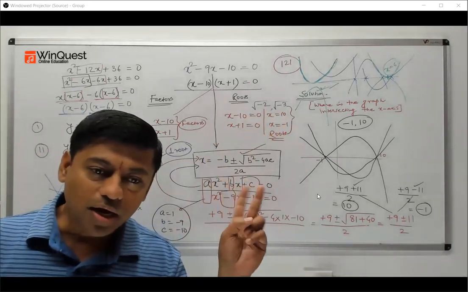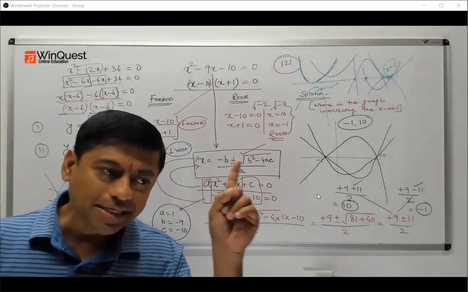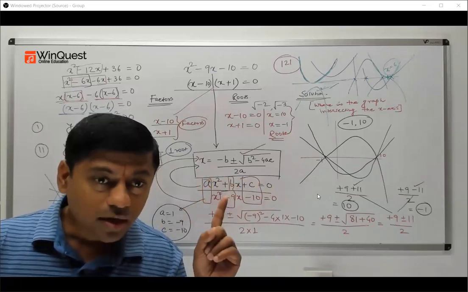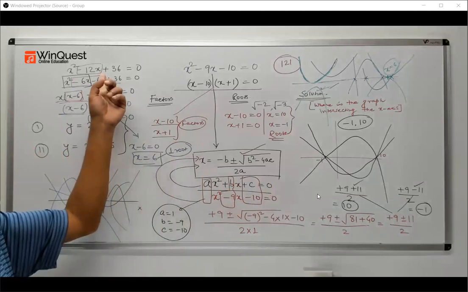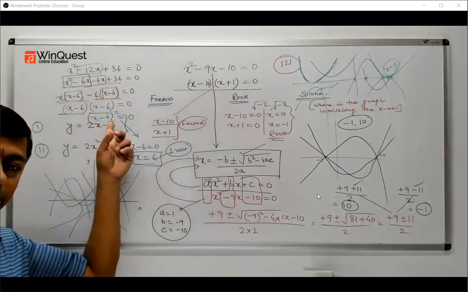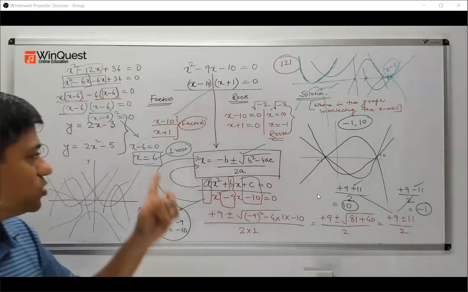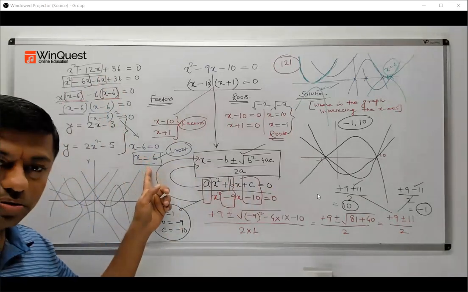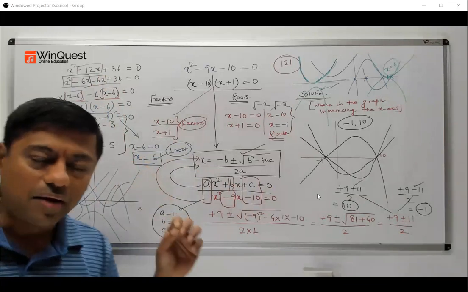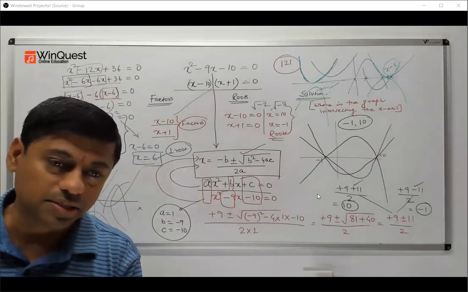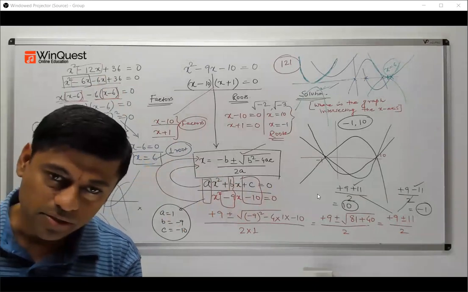If the parabola is touching the x-axis, just touching, the root will be 1, and when you solve it, it will become a perfect square. And when it becomes a perfect square, you just get one root. In that case, that parabola will just touch the x-axis, but will not intersect at two different points.